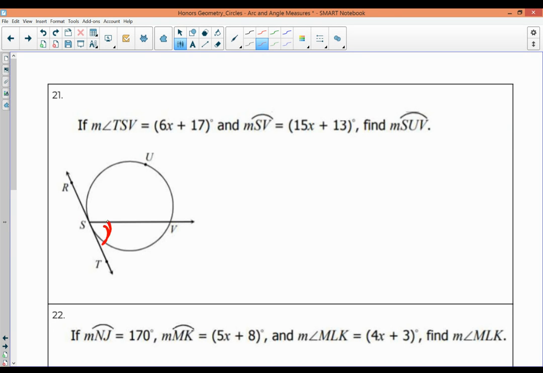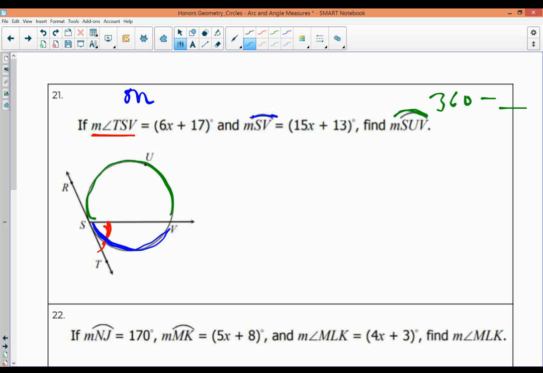We have this angle. We have this arc. Great, we know there's a relationship there. We want to find SUV. I'm going to find that arc. So I know I'm going to have to do 360 minus something at the end.